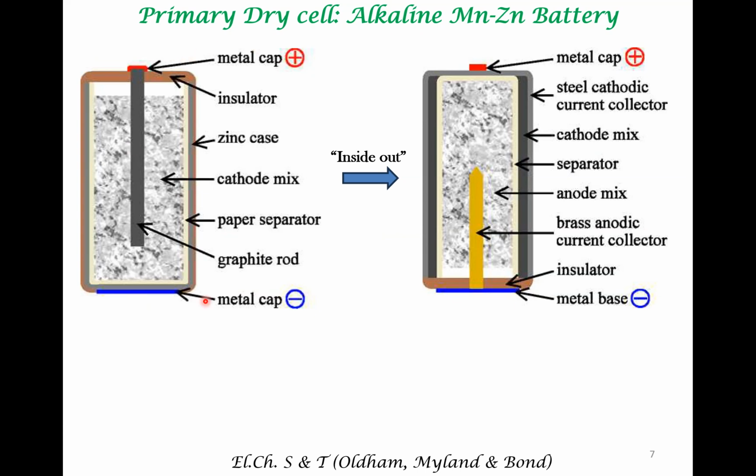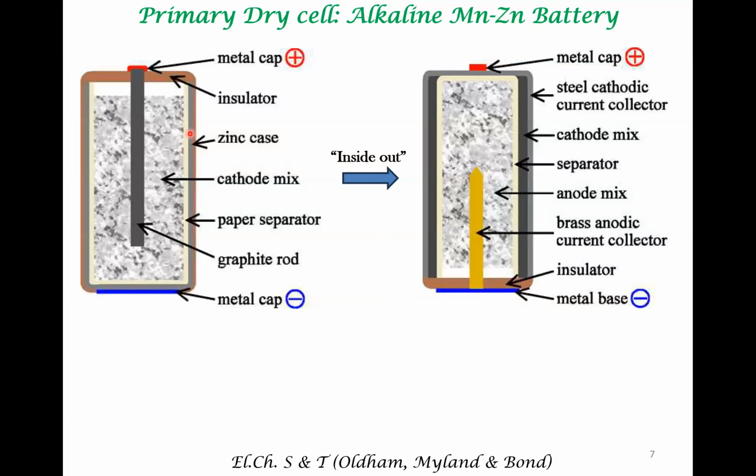So let's look at the geometry. First, this is the geometry from the previous slide. What I mean by inside out is that if I look at this, zinc was at the outermost layer, or at the periphery of the battery.